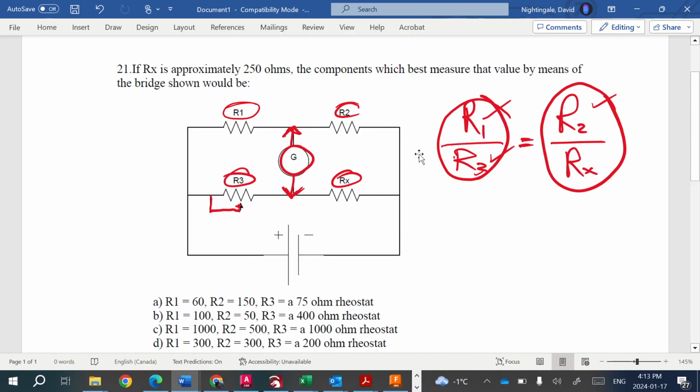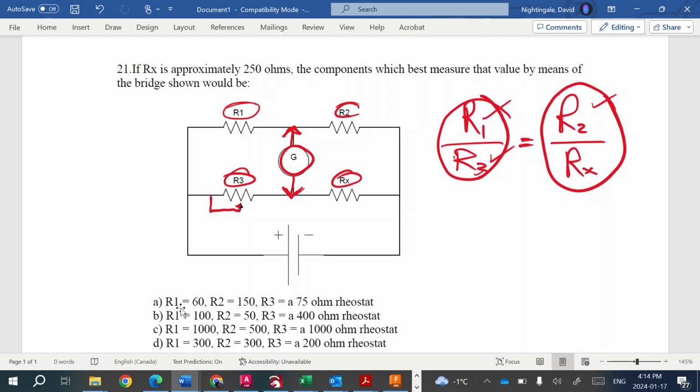Now, in this particular question, we have a set of values. We've got 4 different options, different sets of values for each of those resistors. And basically, the way that I solved it was just plug in the resistances that match our variables and see if you could get a ratio that would work. So a ratio between R1 and R3 that was able to be the same as R2 and Rx.